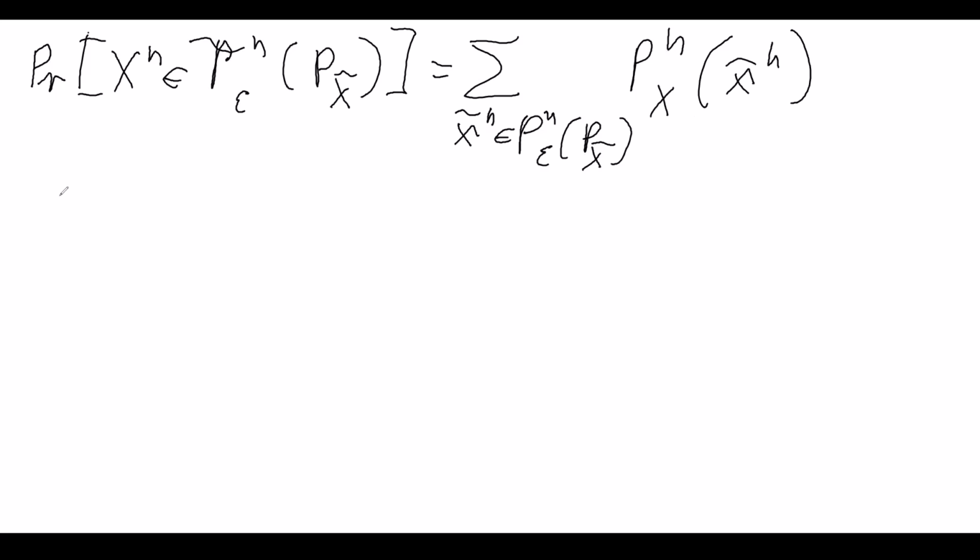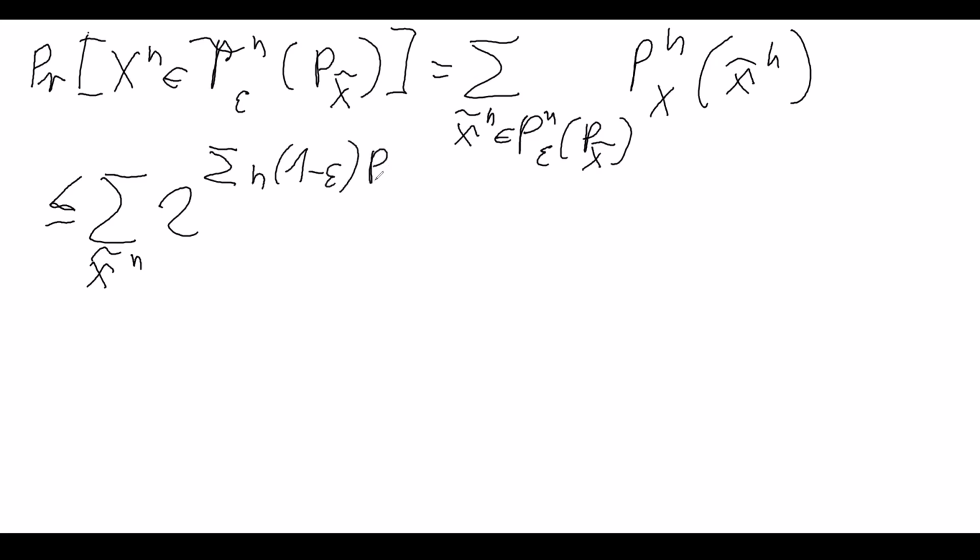So we can estimate this as the sum over all x̃^n of 2 to the sum over all a of n(1 minus epsilon) Px̃(a) log Px(a).